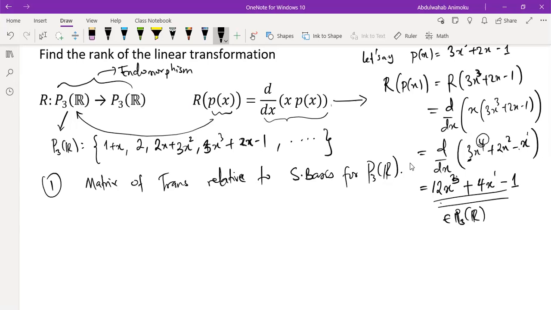And what is the standard basis? So the standard basis for P3R is just this set: 1, x, x squared, x cubed. So this is the standard basis. So let's call this E. Now, relative to this, we are going to find the matrix of transformation.